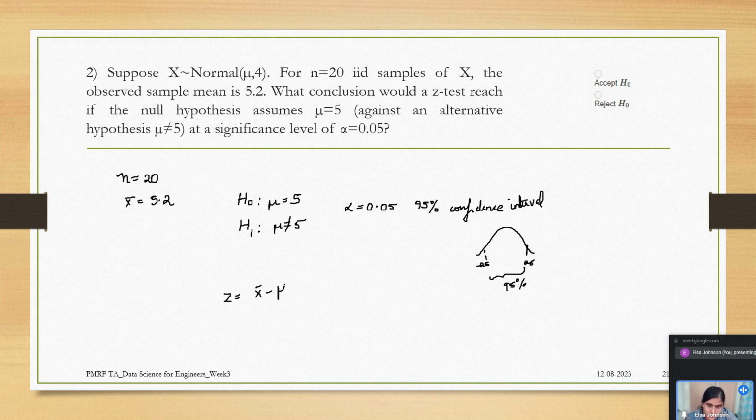The equation is x bar minus mu by s, which is the standard deviation, given by sigma by root n. And you are given sigma square as 4, that also you are given. Can you tell me what is the answer you are getting?